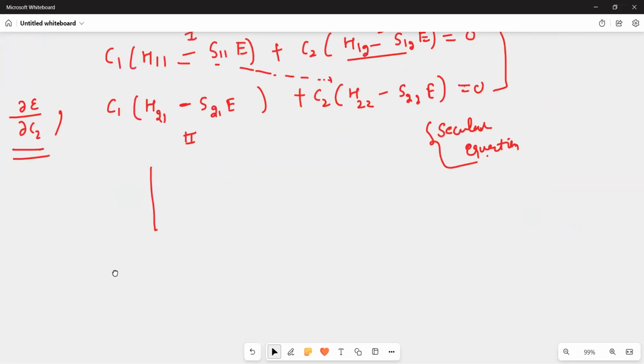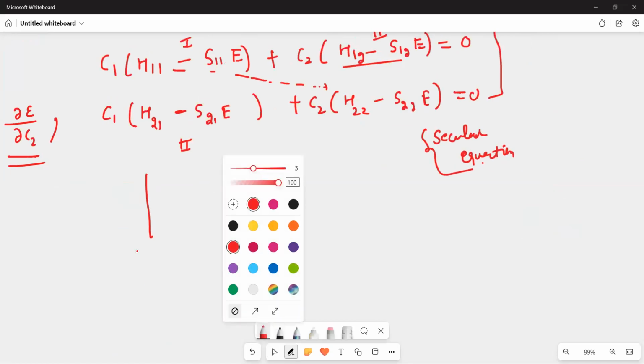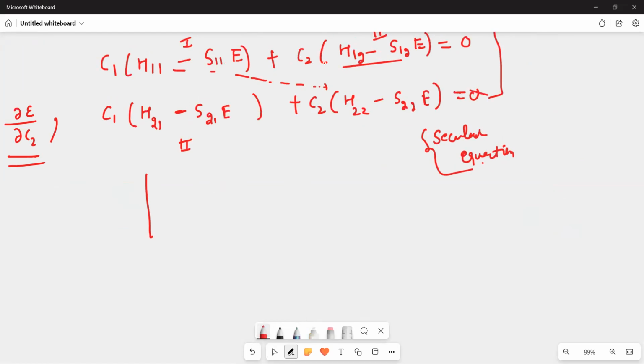Yes. So we can generate a determinant using these two equations, and the determinant will be written as: the first term is H11 minus S11E. Do not write C1. The second term is H12 minus S12E.